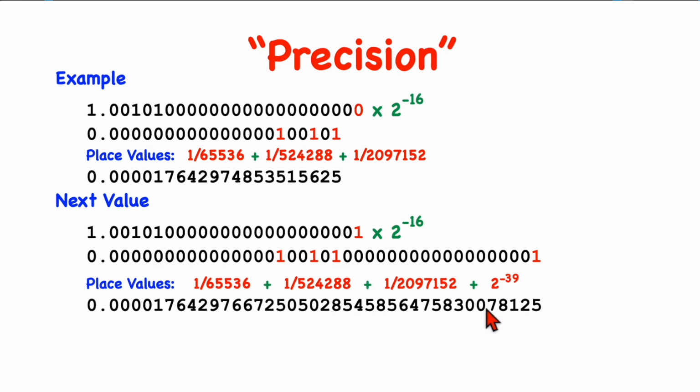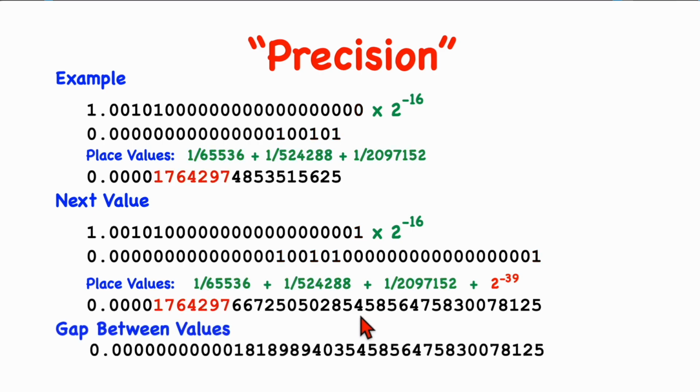If we multiply it out, you would get this value here. So here's one value, and here's the very next value that we can represent. If you compare these values, you can see that the gap between them is 2 to the minus 39th, which is this value here. And also, notice that the first 7 digits in the decimal representation are the same.